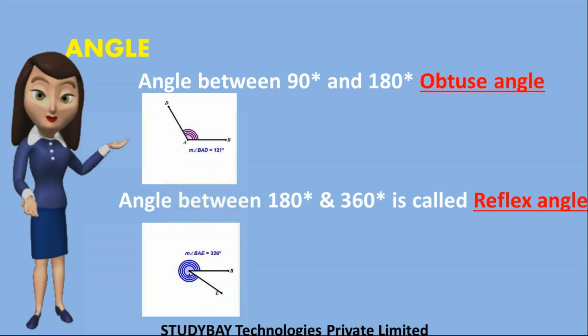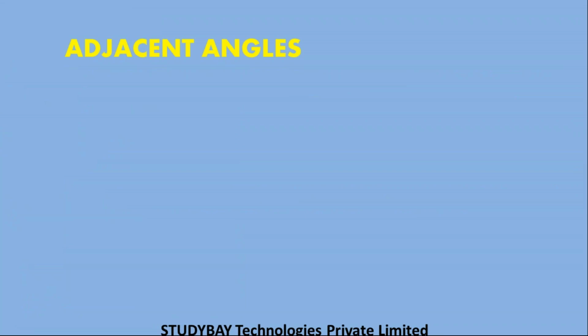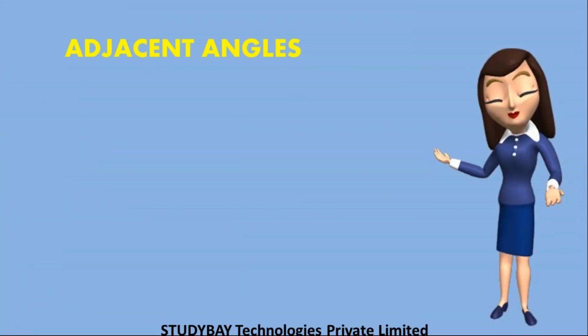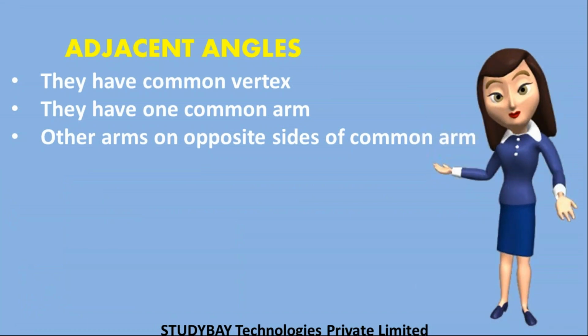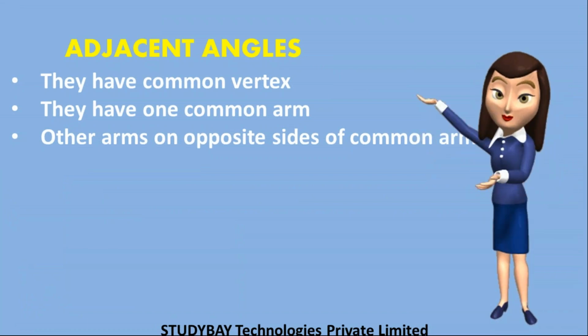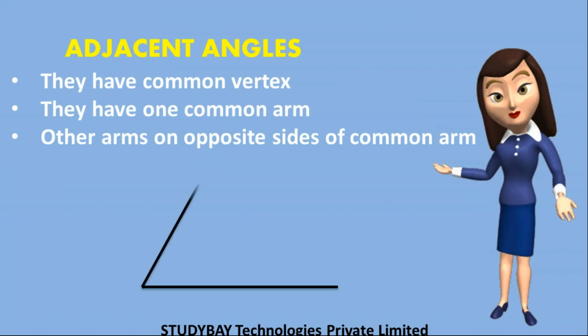Now let's move to the next point. Adjacent angles. Adjacent angles have a common vertex, they have a common arm, and the other arms are on opposite sides of the common arm.